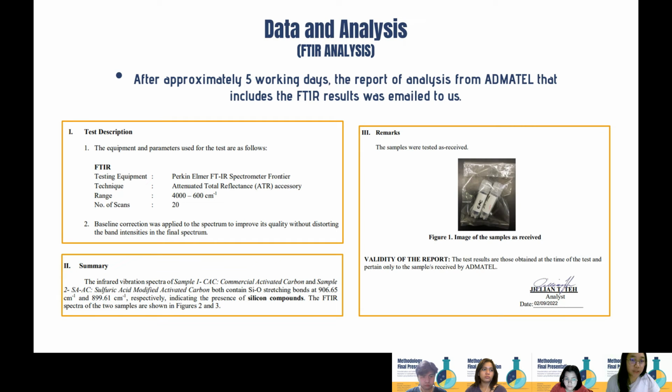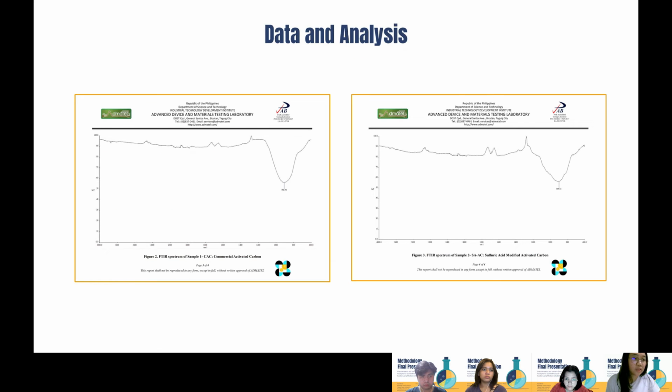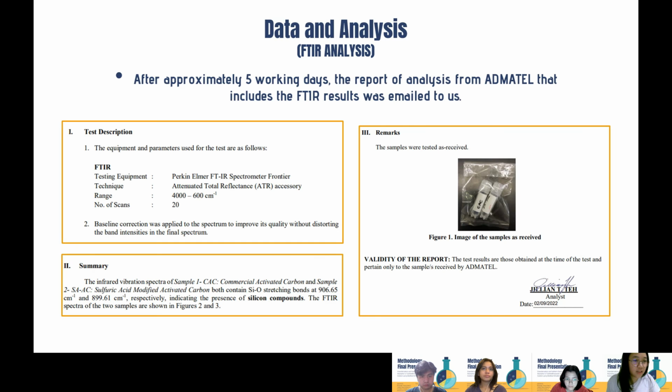The infrared spectrum is plotted between the range of 4,000 to 600 per centimeter, and the number of scans was 20. The remarks just state the validity of the report. The image of the samples as received was shown. The date of the testing, the name, and the signature of the analyst were also included.